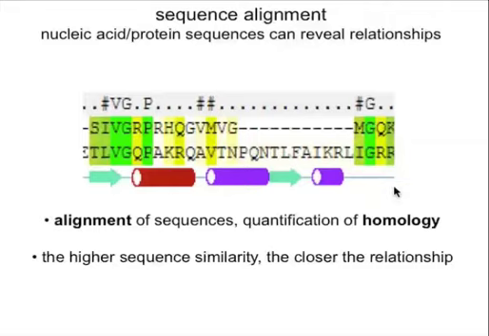There are others that would violate that sort of conservation, and those sequences we would say would be less homologous and more diverged. So again, sequence similarity, at whatever level we're looking at it, whether it's DNA sequence, protein sequence, or structure, we assume implies a close relationship.